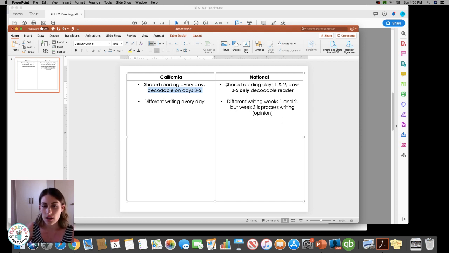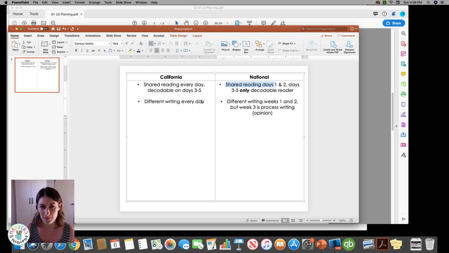And then on the opposite end, national, you have the shared reading on days 1 and 2, it looks like. I don't even think they call it shared reading. It's called something like We Write, I Write. It's the student consumable though. So that's what our student consumable in California is called, the shared reading book. So it's that equivalent, and that's days 1 and 2. And then from what I saw, days 3 through 5 is only the decodable reader.